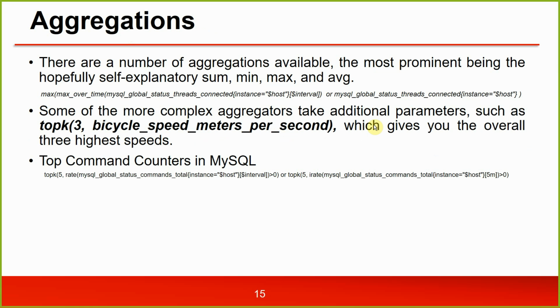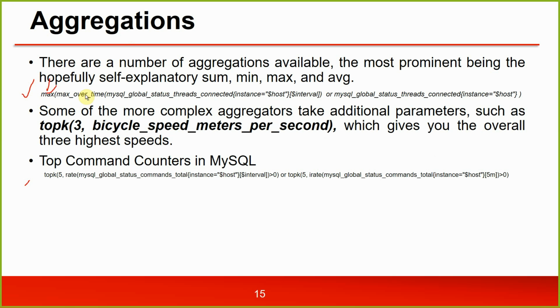There are a number of aggregations available, the most prominent being the hopefully self-explanatory sum, minimum, maximum and average. Look at this, I have taken it from my real example which is coming up in Grafana, and that's why I'm explaining it right now so that you will understand it easily at that time.